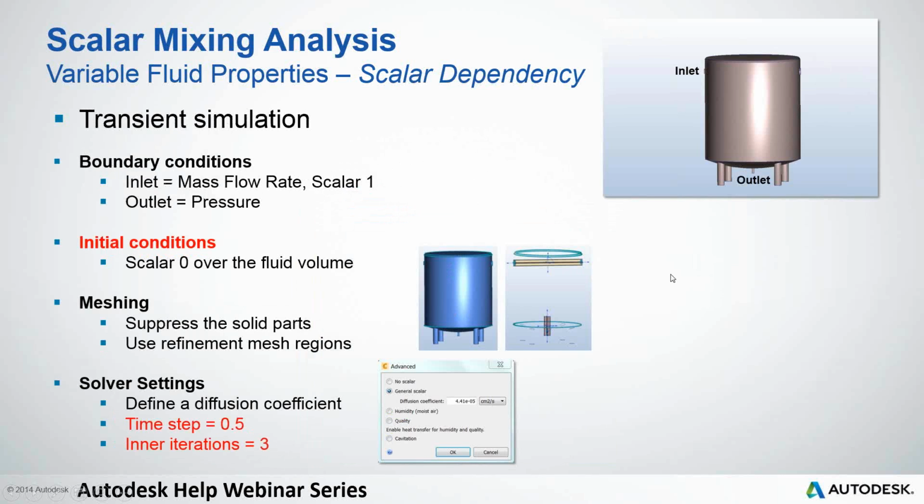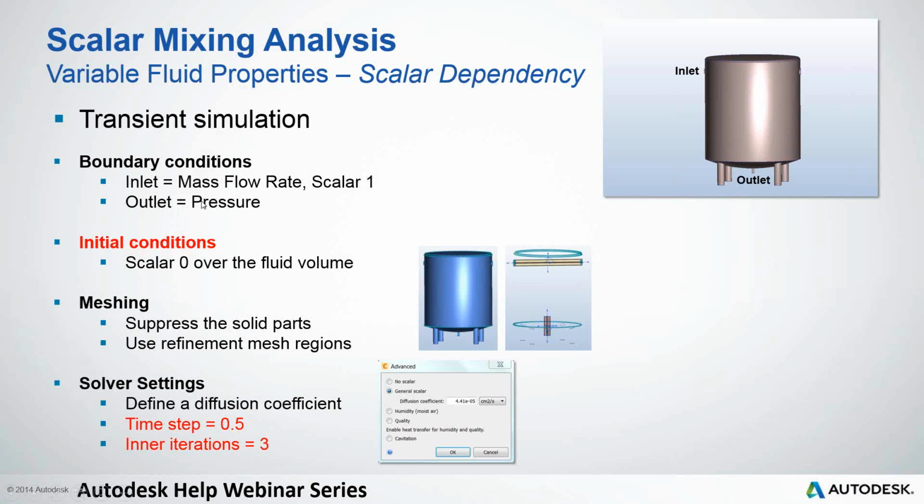So now let's move to the transient simulation. Here, I have changed the model so that I have one inlet and one outlet, because it's just a much simpler model that I wanted to run transiently.